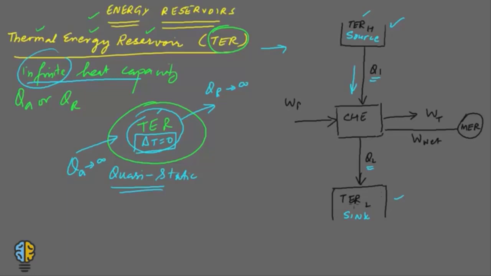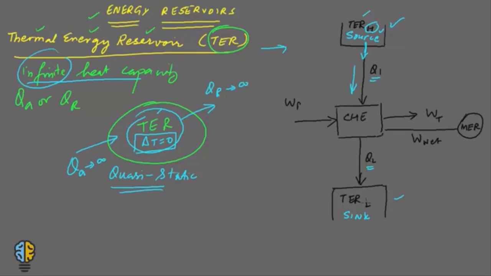Now it's a common notion that heat travels from a hot body to a cold body. So the TER from which the heat is being absorbed, or from which the heat flows out, is called the source, and it is assumed to be a hot body.